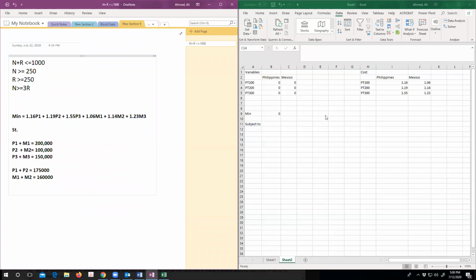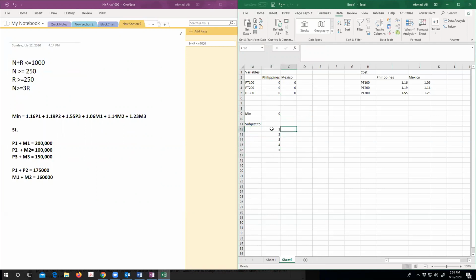I will list all the constraints: 1, 2, 3, 4, 5, that's it.